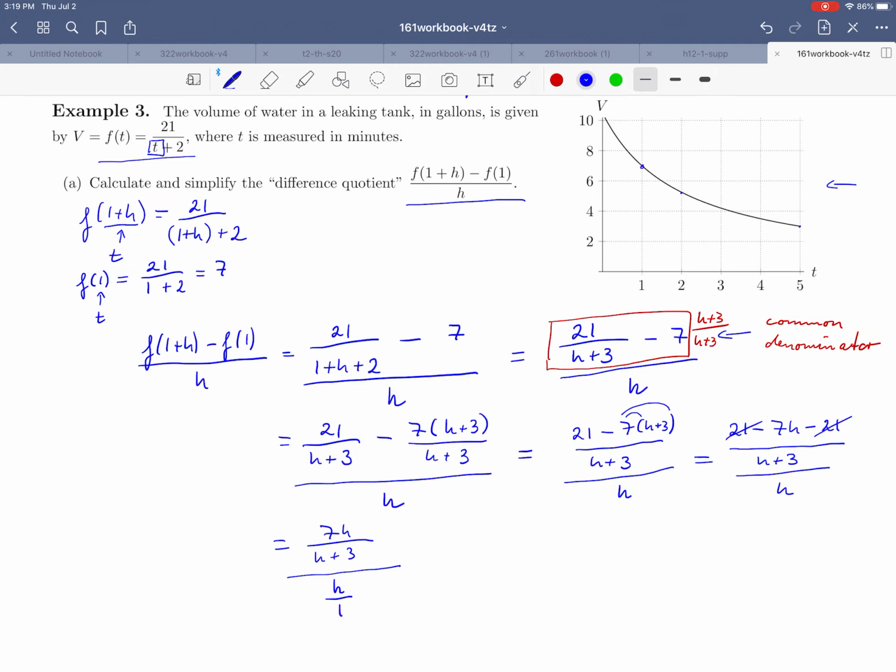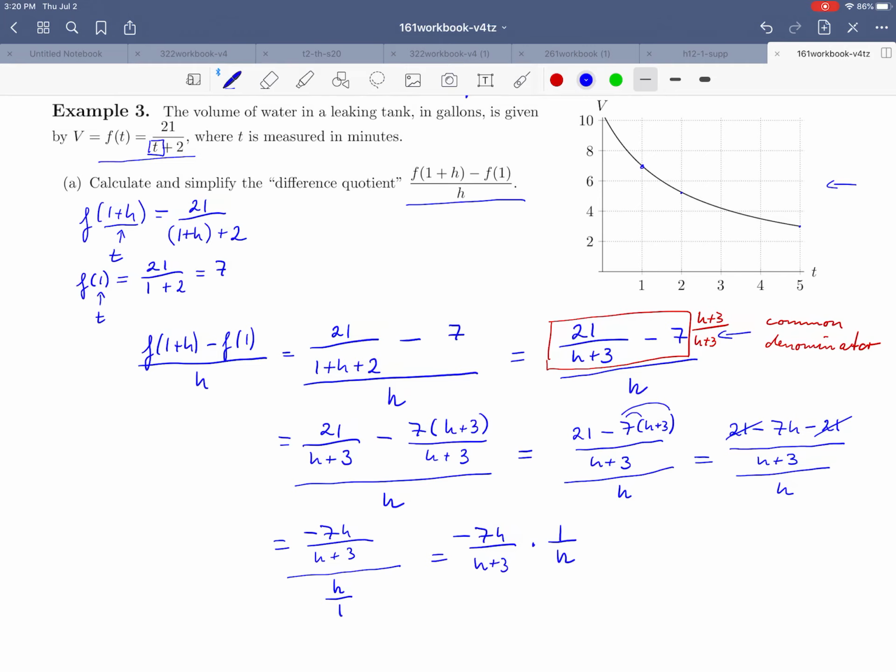And you could think of that h in the denominator as just an h divided by 1. And so instead of dividing by a fraction, you can multiply by the reciprocal. So this becomes 7h divided by h plus 3 times 1 over h. And I think I forgot a minus, so let me add that. That was actually minus 7h.